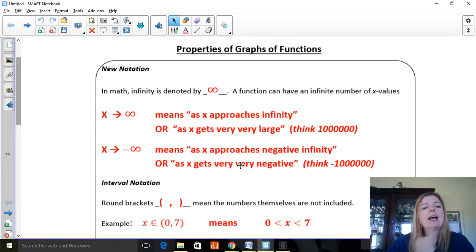Then x arrow negative infinity means x approaches negative infinity. That's as x gets very, very negative, really far into the negative.